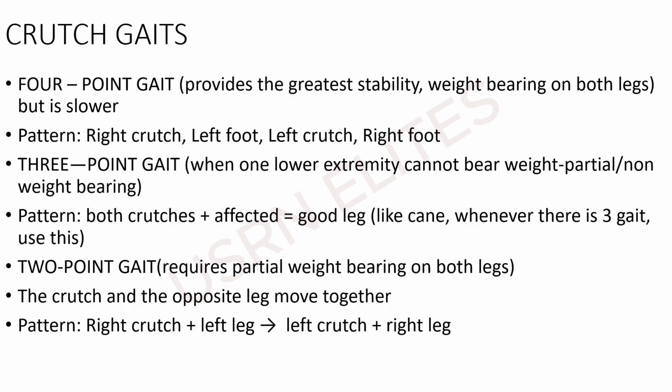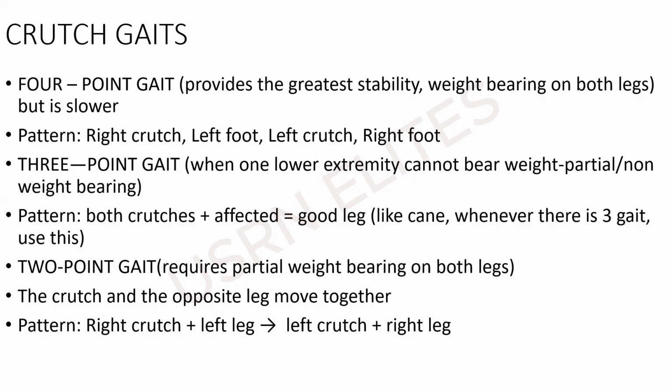You understand? So with 2-point gait, what we do is that we add 2 is equal to 2. So what comes first? The crutch. Okay, so the crutch comes. So over here, if we are adding 2 is equal to 2, we don't have the affected or unaffected.